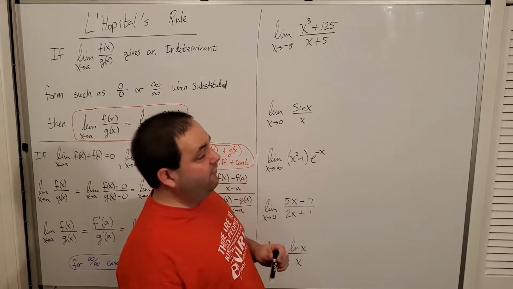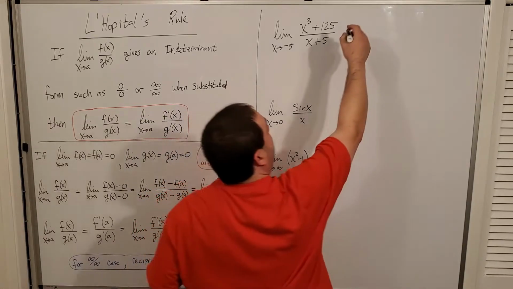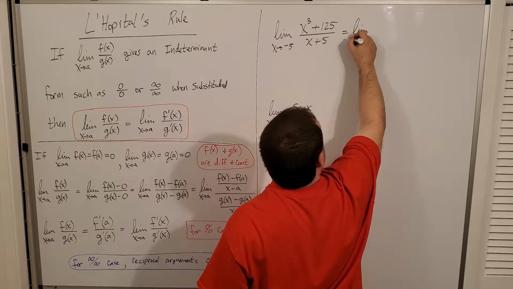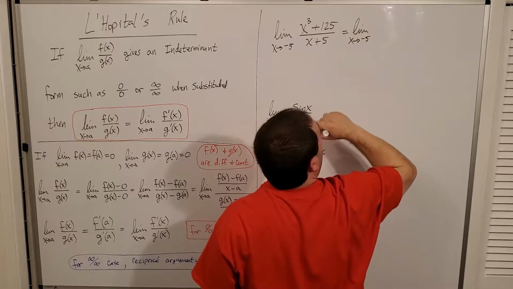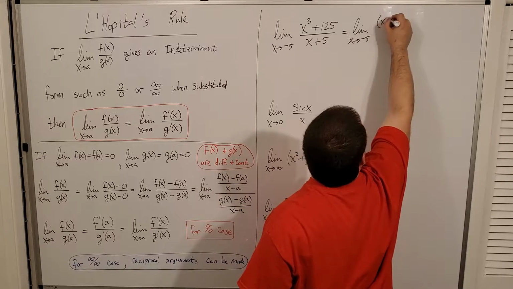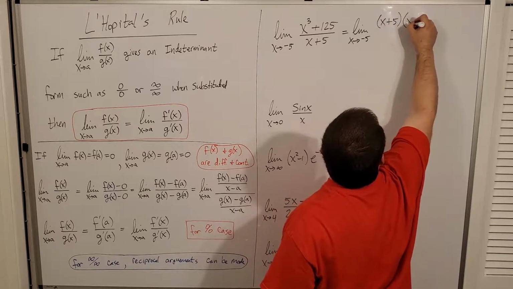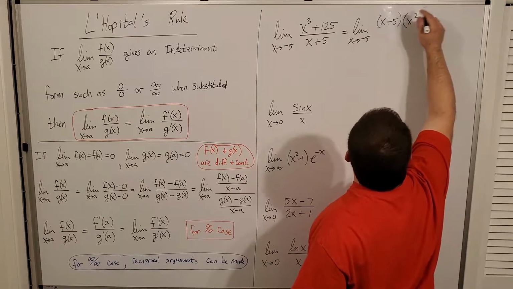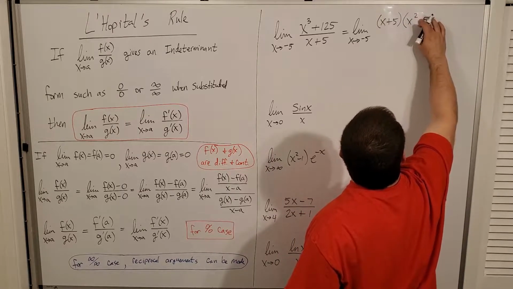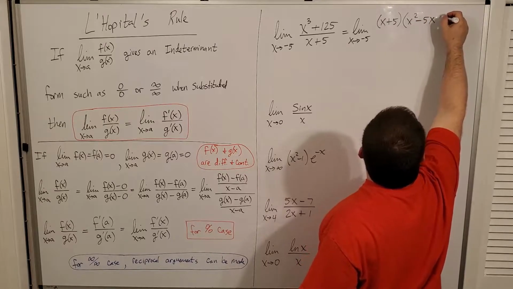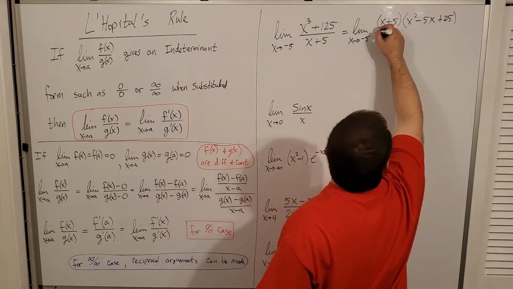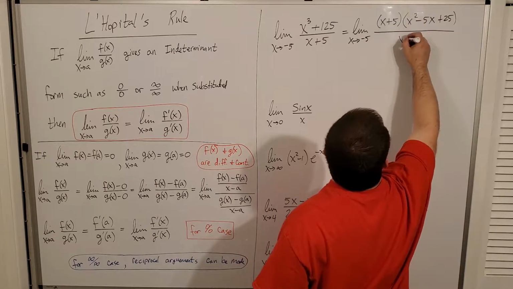So back in the first chapter, we would have worked this limit like this. We would have said this is equal to the limit as x approaches -5 of x plus 5 times x squared minus 5x plus 25, and the denominator of x plus 5.